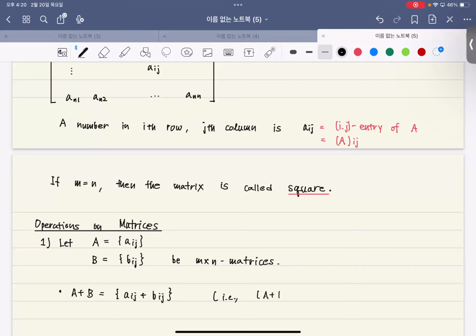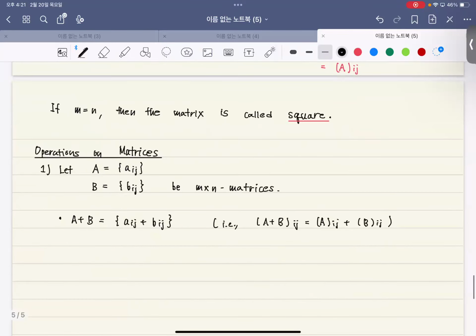(A plus B)_ij is a_ij plus b_ij. So entry by entry addition. And as we did in the vector spaces, there is a scalar multiplication.